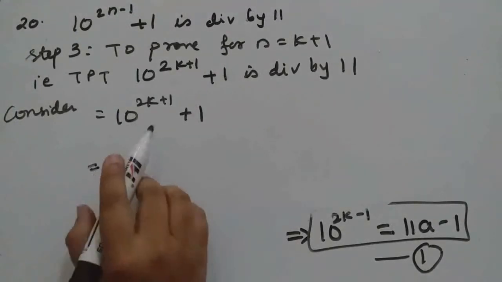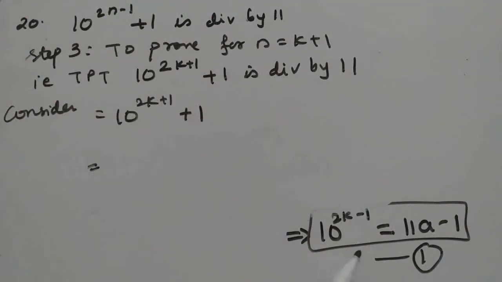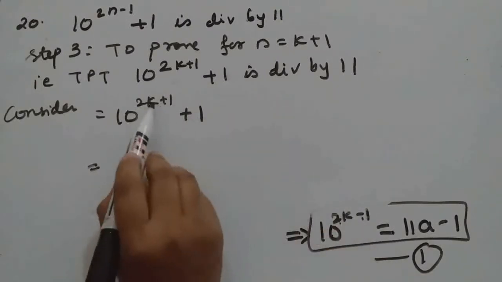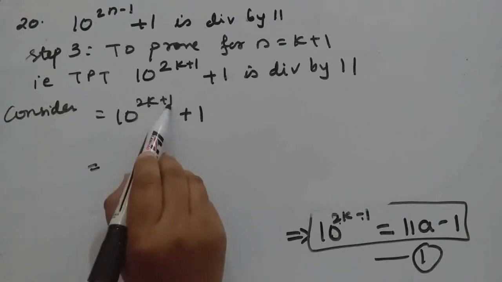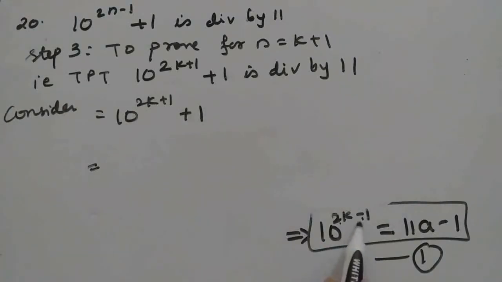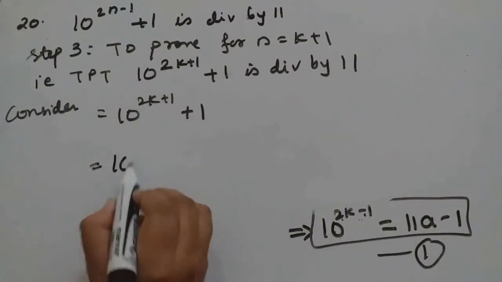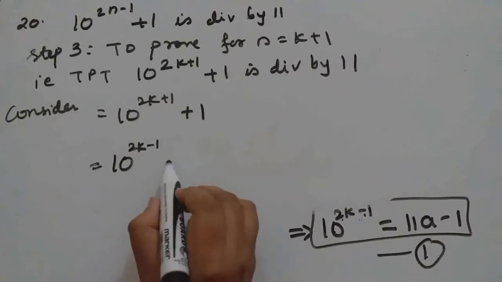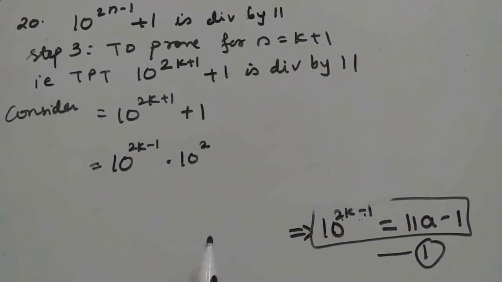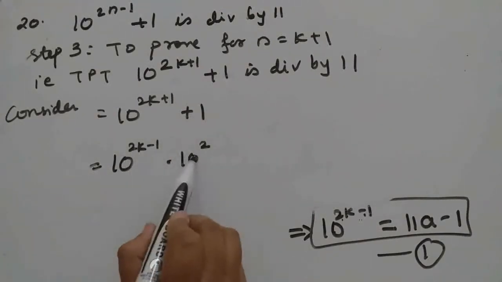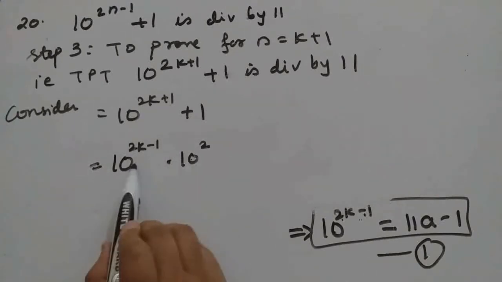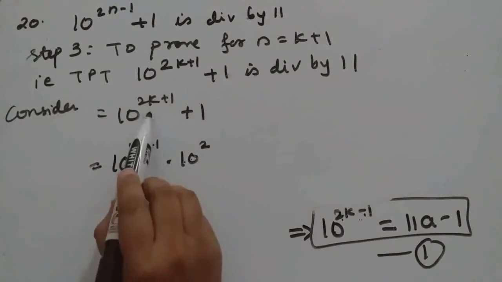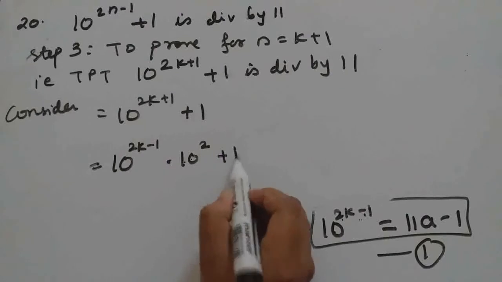Now we have to make use of equation 1 here. The power of 10 is 2k minus 1, but here we got 2k plus 1. So how can we get minus 1 in the power? We can write 2k plus 1 as 2k minus 1 into 10 square. Using the indices rule, if we write these together, we get this only, plus 1.